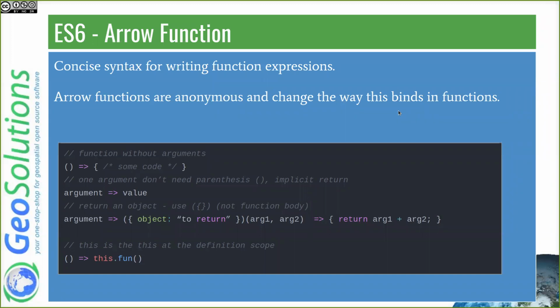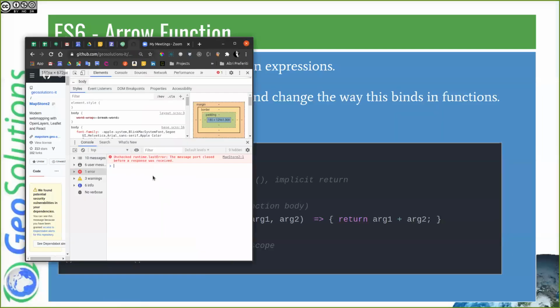Arrow functions have been introduced in ECMAScript 6, and they are a concise syntax for writing functions. Here I have the console of JavaScript.